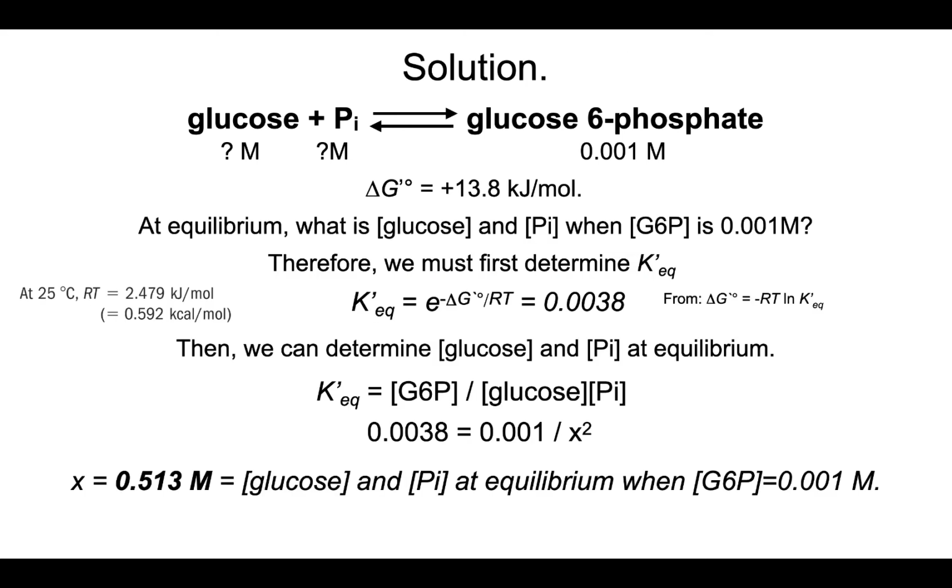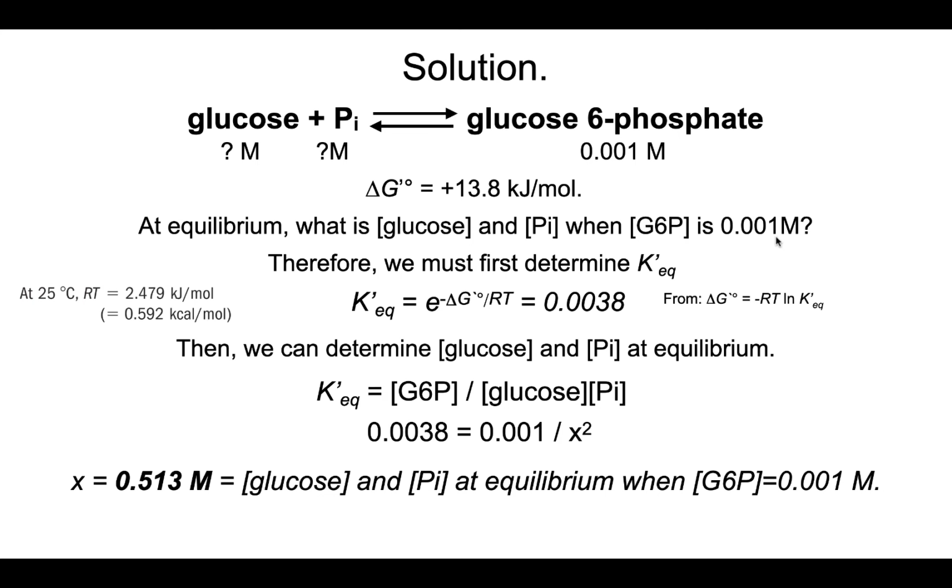Okay, hopefully you just finished trying to solve this on your own. Believe me, you'll be better off for trying it, even though you may get it wrong. So this is the trick. We want to figure out, at equilibrium, what's the concentration of glucose and inorganic phosphate when G6P, or glucose 6-phosphate, is at 0.001 molar?